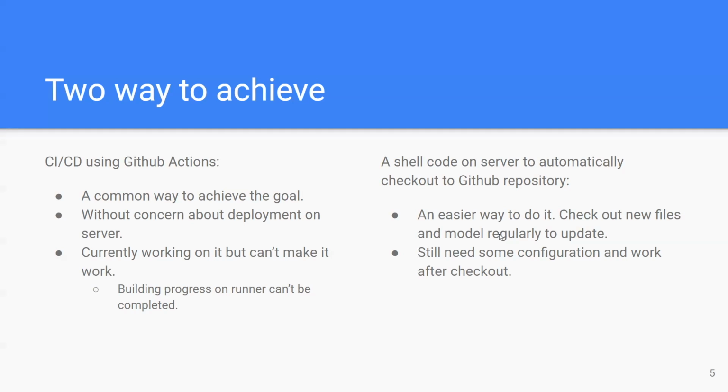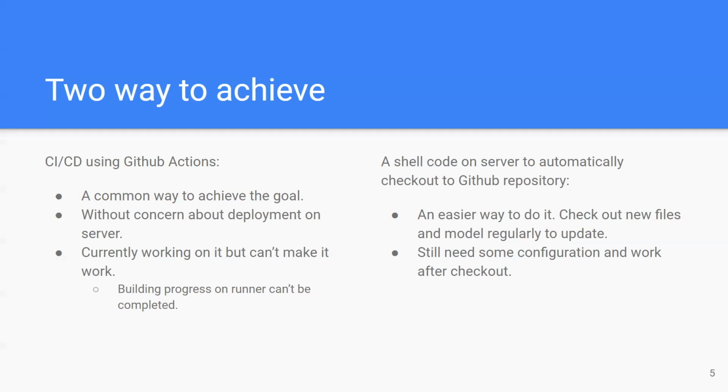And the second way is a much easier way. Our mentor suggested we write a simple shell script on the server, and this script can regularly and automatically check out the GitHub repo. It is an easy way to do so because we don't need to be concerned about building the model online or other errors we may have.